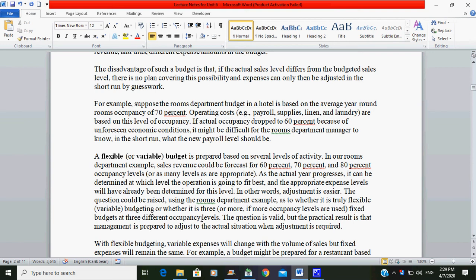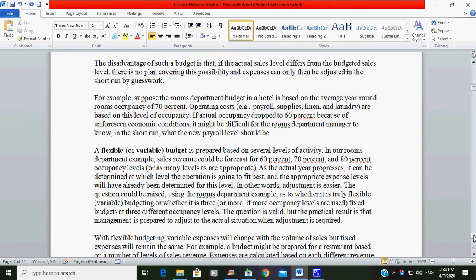The question is valid, but the practical result is that management is prepared to adjust to the actual situation when adjustment is required.